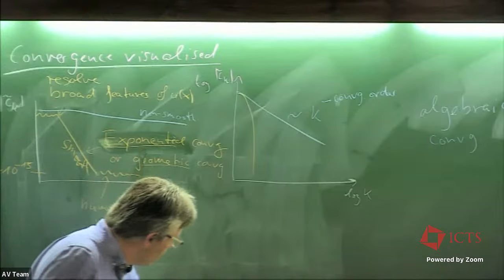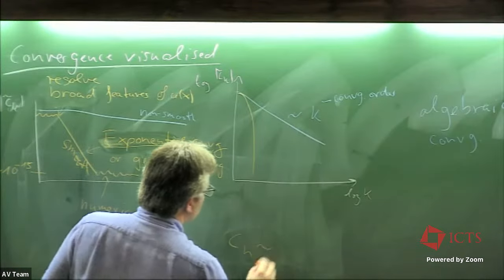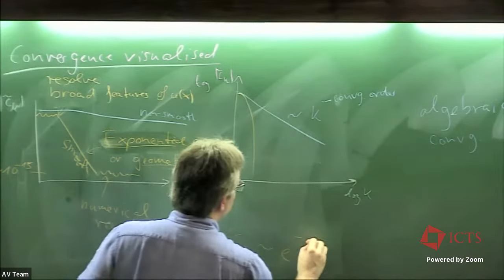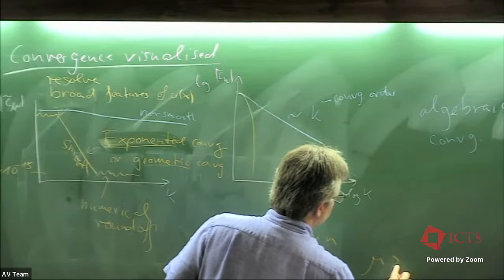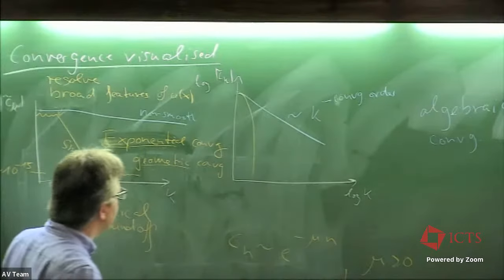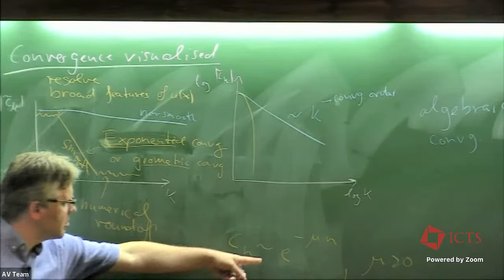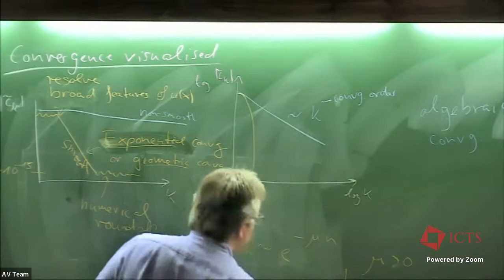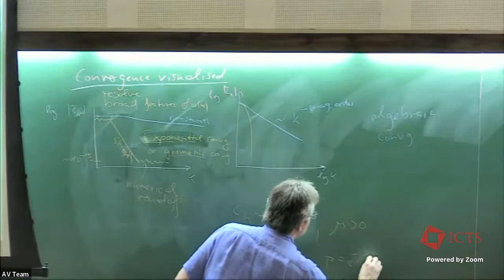The word exponential comes around because our coefficients have some scale like e to the minus mu n for some mu bigger than 0. And the geometric comes about because you can write this as p to the n, for p being e to the minus mu.